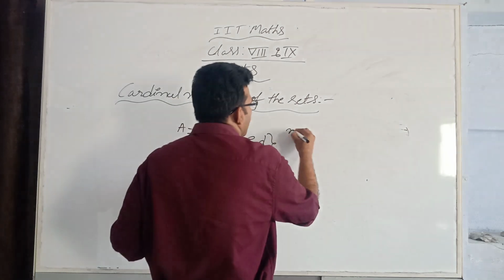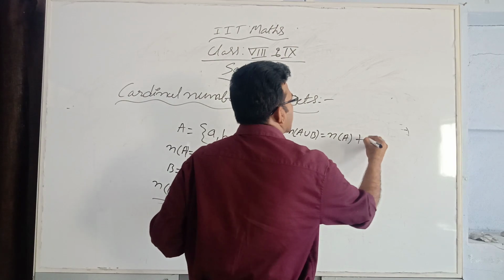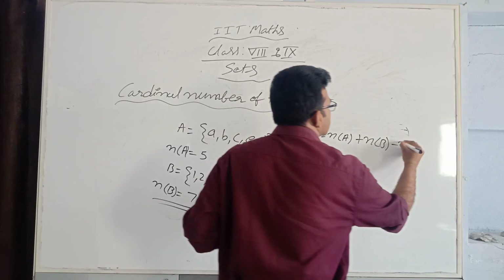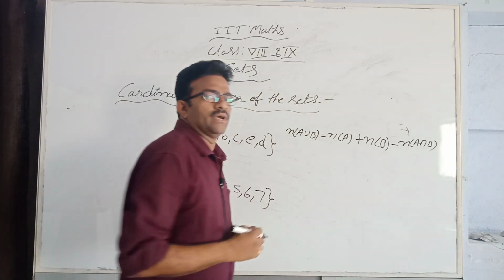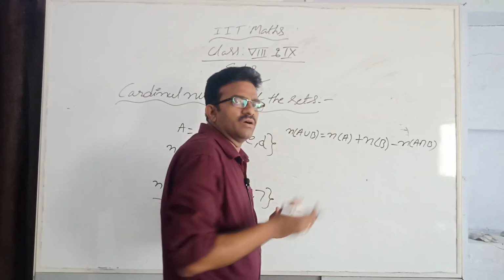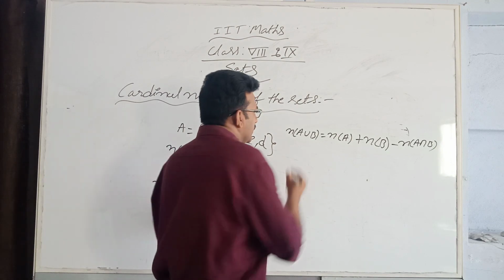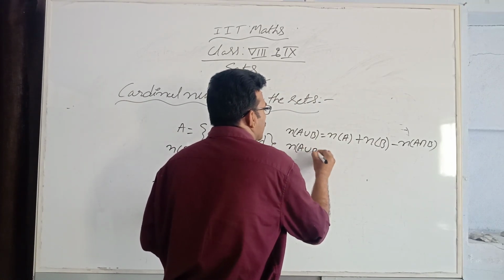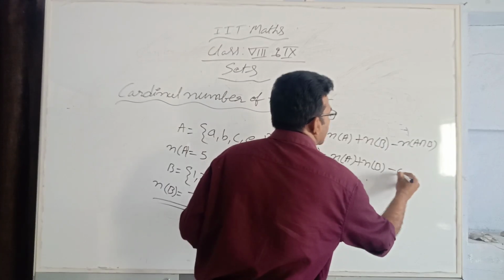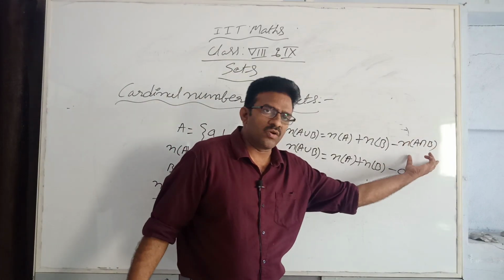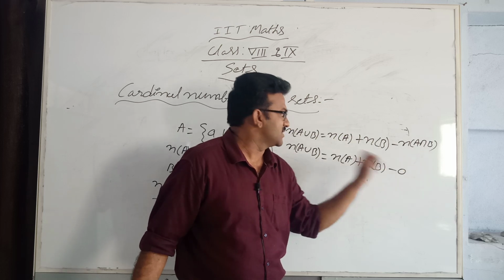Those are n of A union B is equal n of A plus n of B minus n of A intersection B. Next, if A and B are disjoint sets, that means there are no common elements in A and B, then n of A union B is equal n of A plus n of B minus 0. Why? There are no common elements. So that's why the value of the cardinal number of A intersection B is 0.